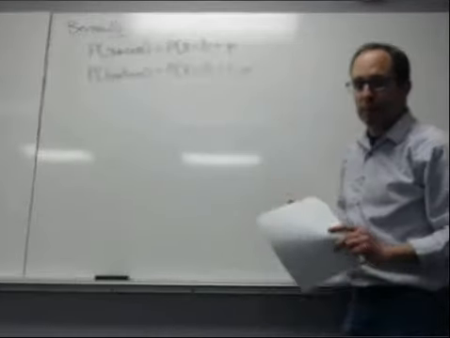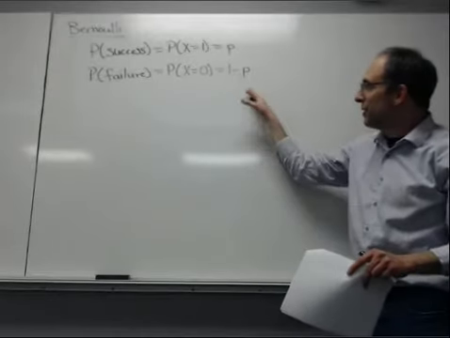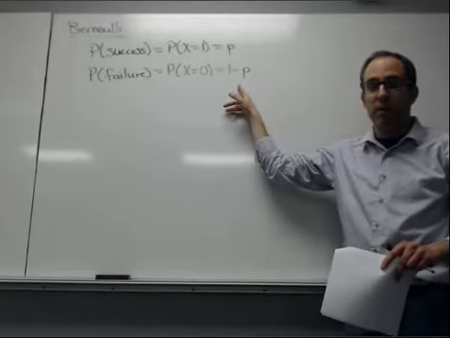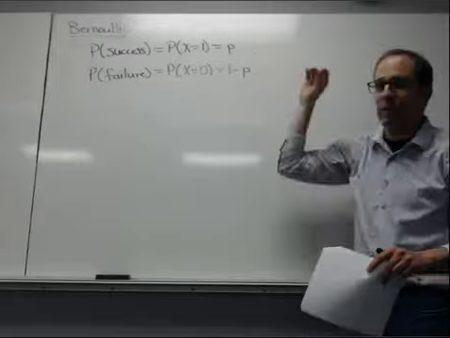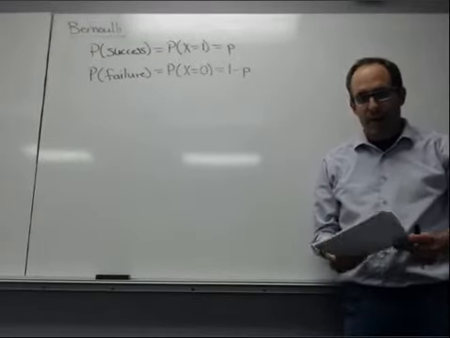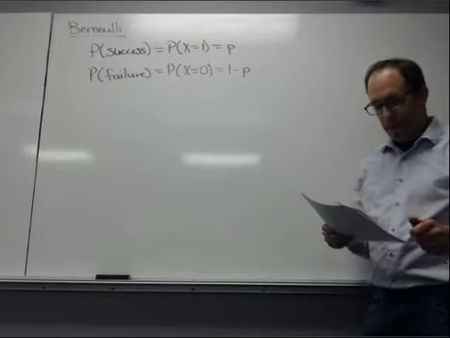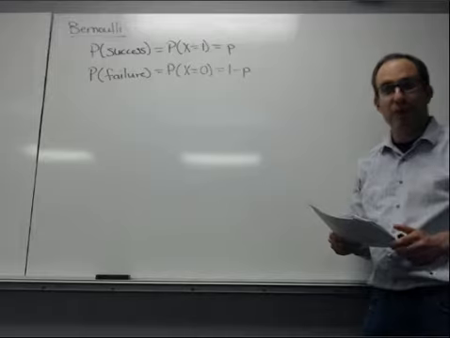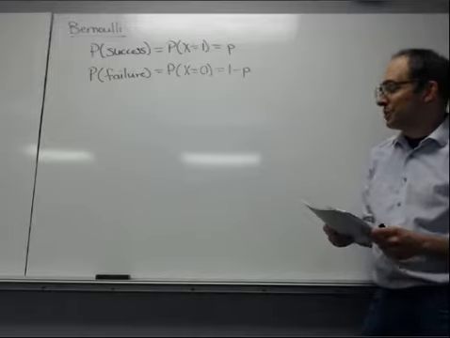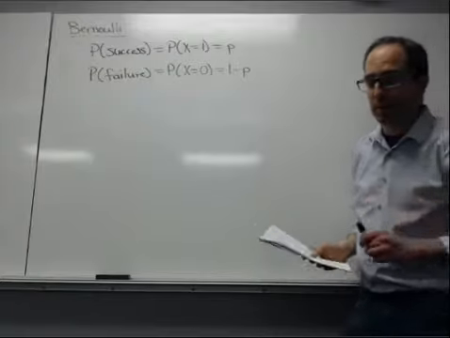And if that probability is p, then the probability of a failure would have to be 1 minus p, because since there are only 2 possible outcomes, those 2 probabilities would have to add up to 1. Then underneath, we're asked what the expected value should be for a Bernoulli random variable. This is really short. I suppose you could write it out in table form if you wanted to, but I think we can skip it here.